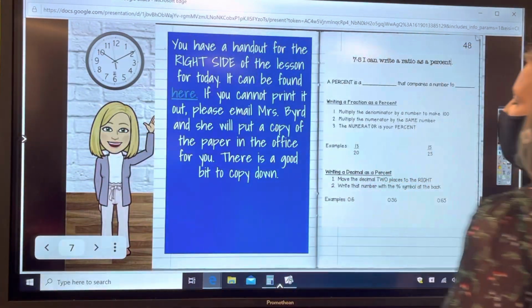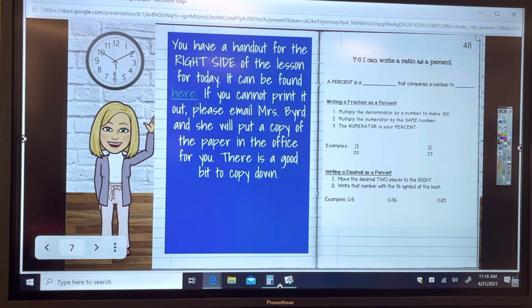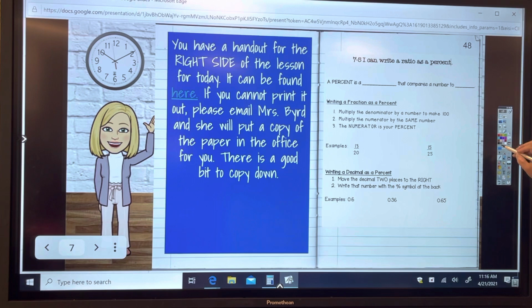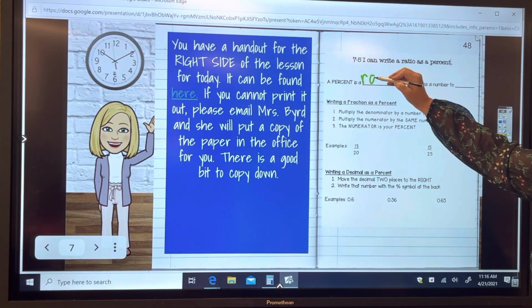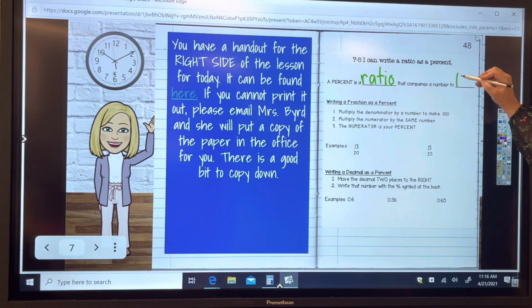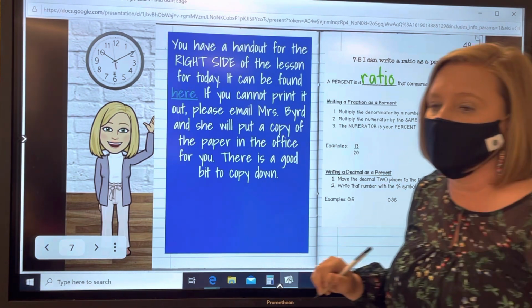All right, now this whole entire unit that we've been talking about so far, we've been talking about what? Ratios. We've been writing ratios as a fraction, but we've been talking about ratios. So a percent is a ratio that compares a number to 100.